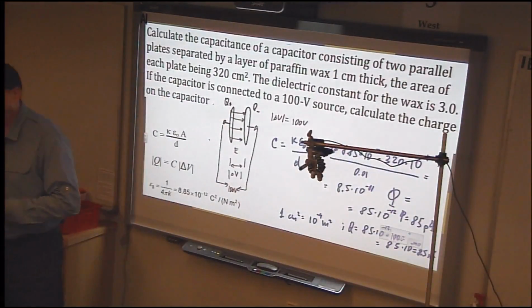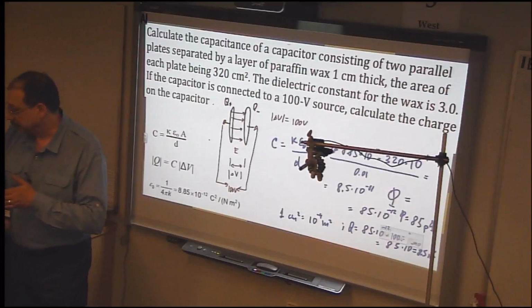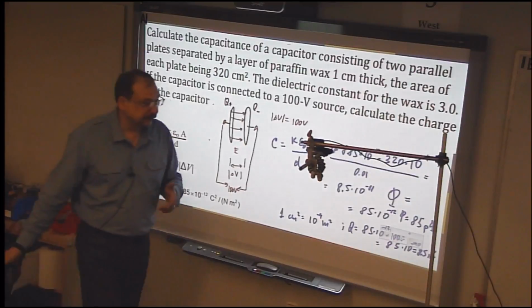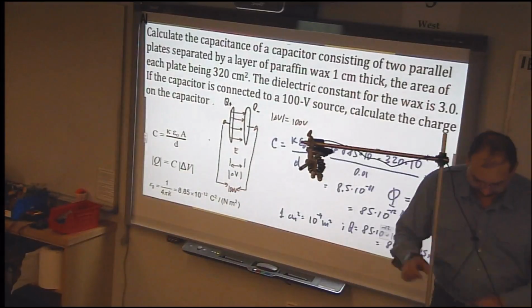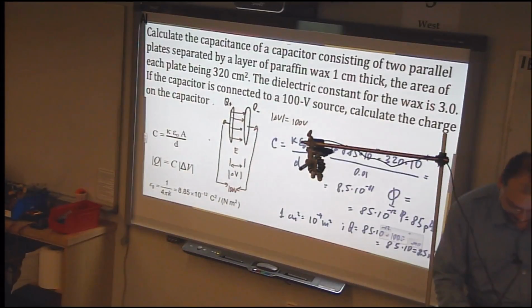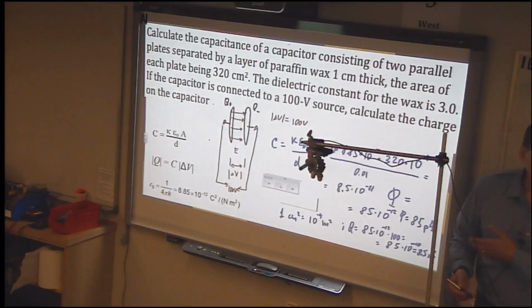It's been filled up with wax, and for wax we know the dielectric constant. So the calculation gave us the capacitance of the capacitor and the charge. Well, now, of course, we can make an extra step. We can calculate how much energy we have stored in it.